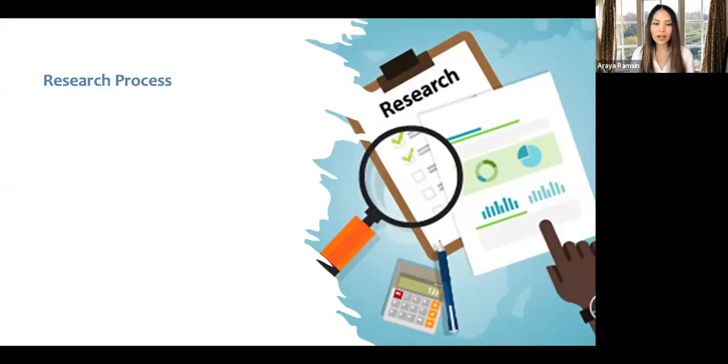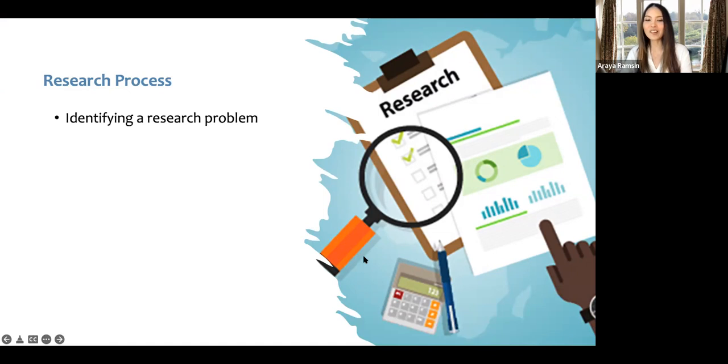First of all, let's take a look at the research process. What are the steps in conducting a research study? What is the very first thing researchers have to do when they want to conduct a study? The very first thing is to identify a research problem.